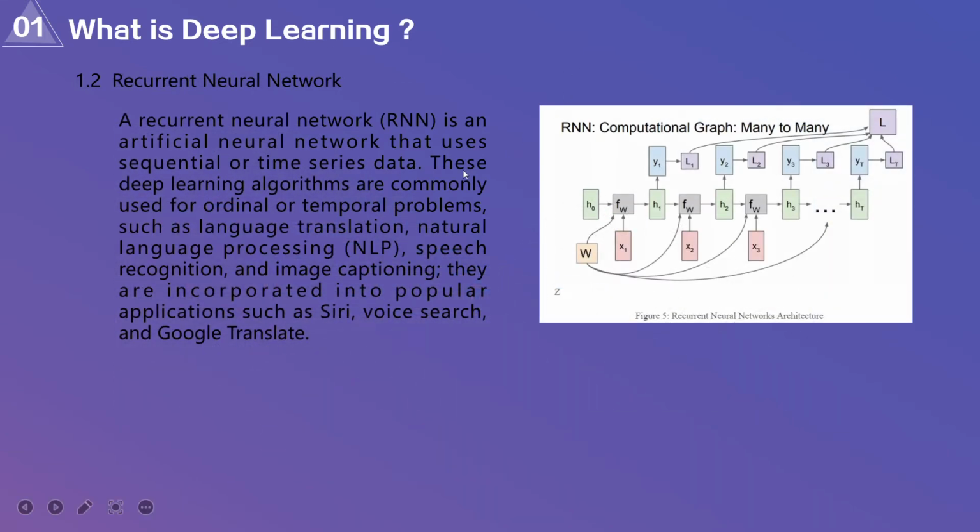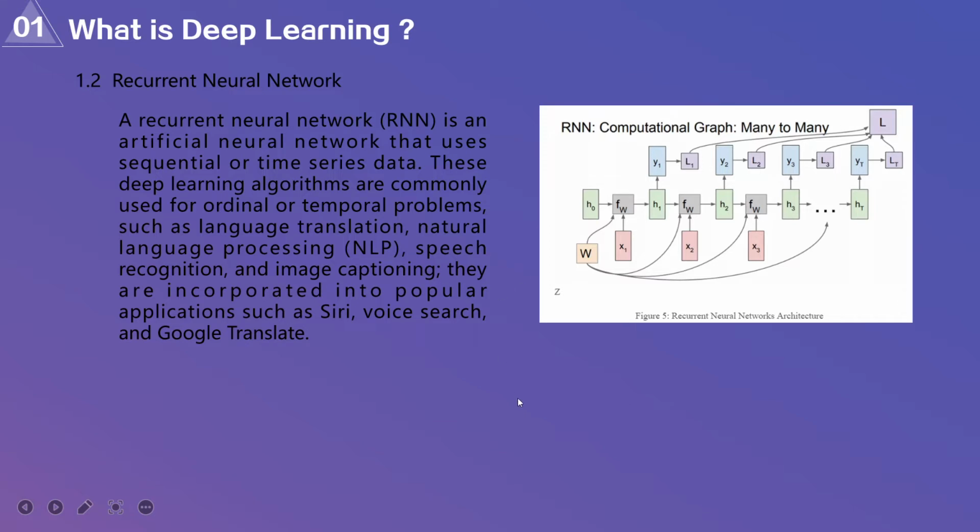The next type of deep learning model is the recurrent neural network. A recurrent neural network is an artificial neural network that uses sequential or time series data. These deep learning algorithms are commonly used for ordinal or temporal problems such as language translation, natural language processing, speech recognition, and image captioning.